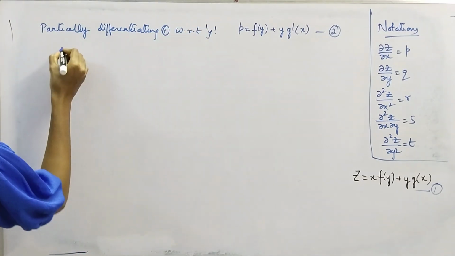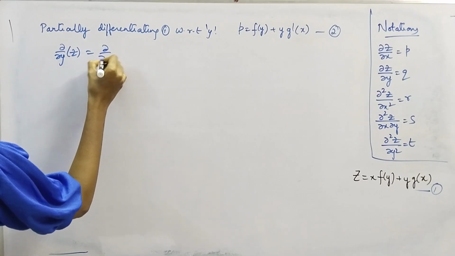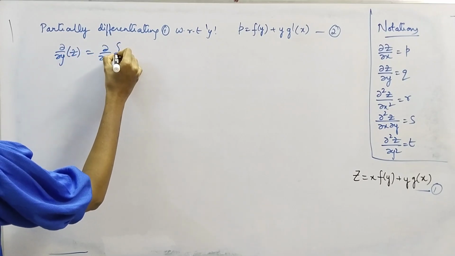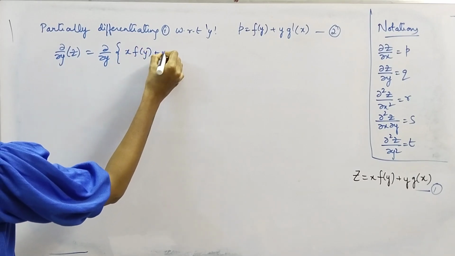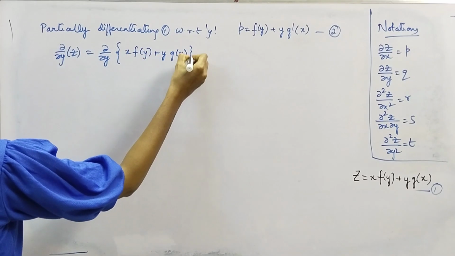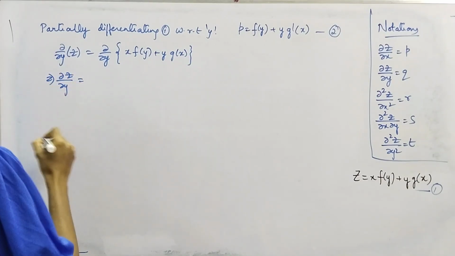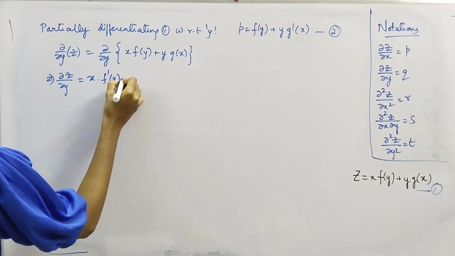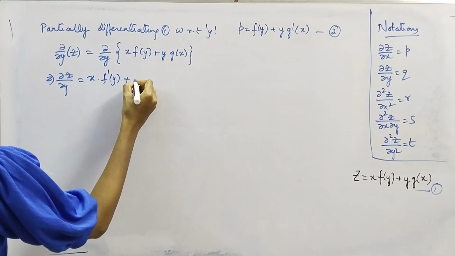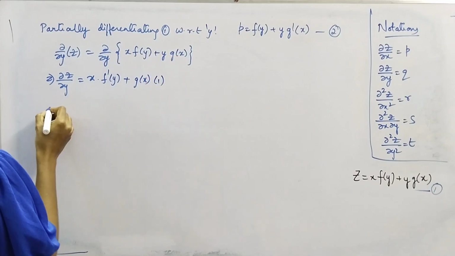Just apply dou by dou y on both sides of the equation. Here we are partially differentiating with respect to y, so we will treat x as constant. This gives us dou z by dou y equal to x into partial derivative of f of y with respect to y is f dash of y, plus partial derivative of g of x into partial derivative of y with respect to y is 1.